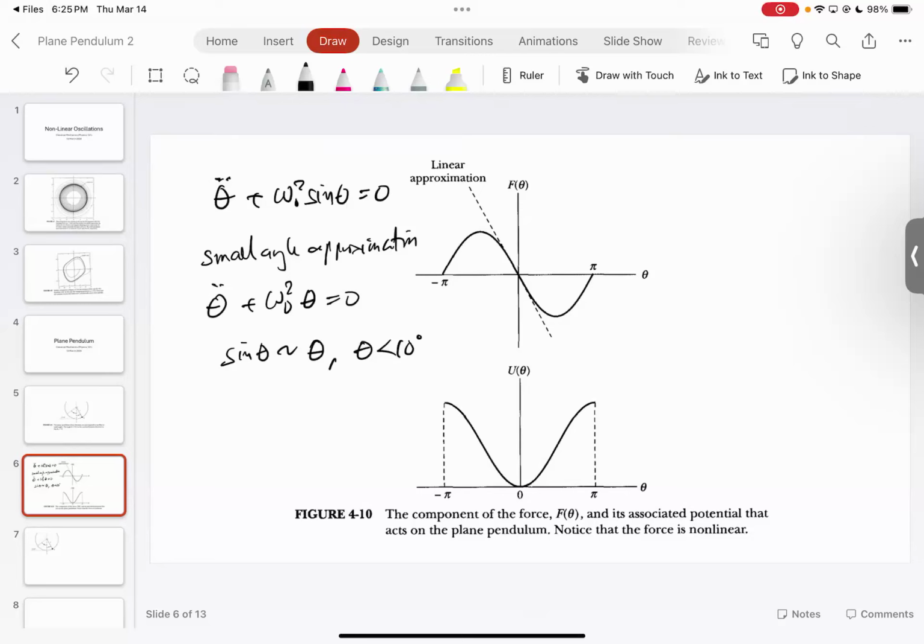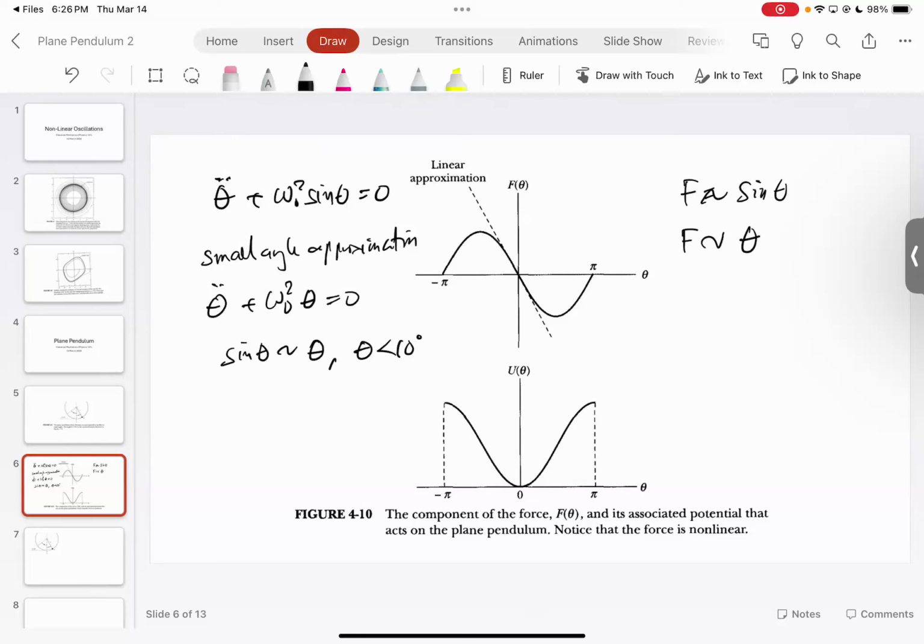Okay? And in this case, the behavior of the force is linear. Okay? Because the force here is proportional to sine theta. And if you do the small angle approximation, then that force becomes proportional to theta. So if you look at the graph, the force, with the small angle approximation, you have this linear approximation there in the graph.